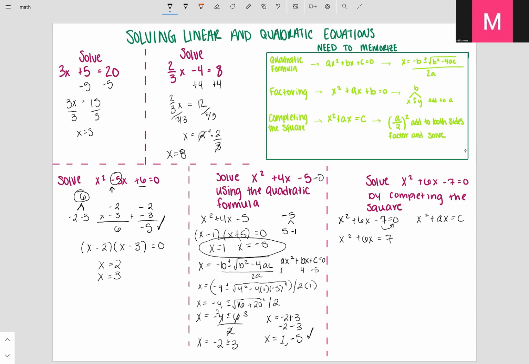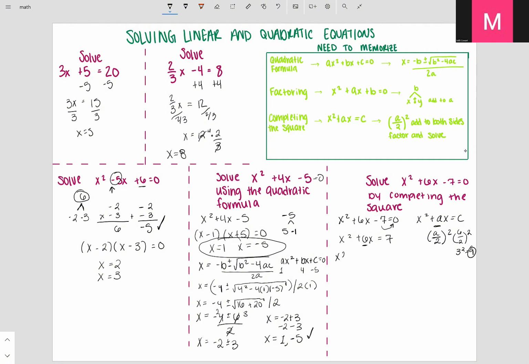And then we want to take this a, and we want to say a divided by 2 squared. And if you forget this, it's okay, because when we go back and check, it won't work out. So this is our a. So we'll say 6 divided by 2 squared, which equals 3 squared equals 9. And we want to add this 9 to both sides of the equation.